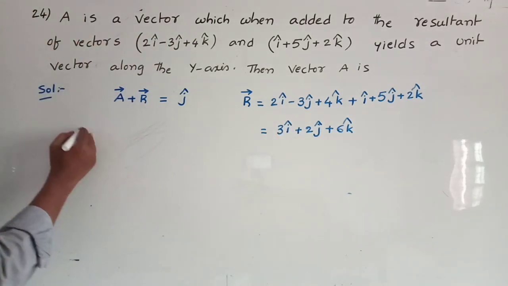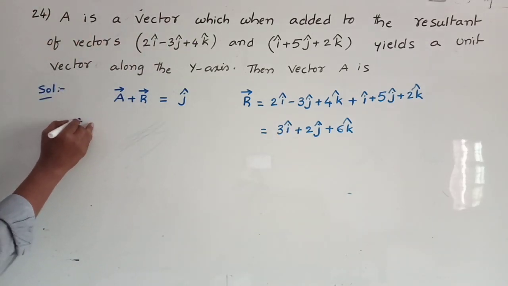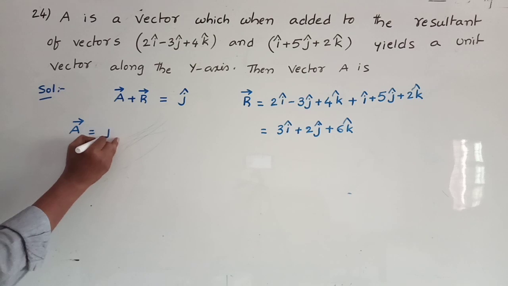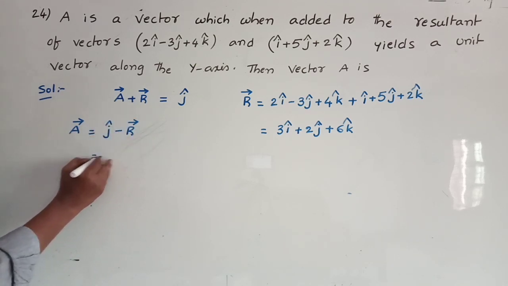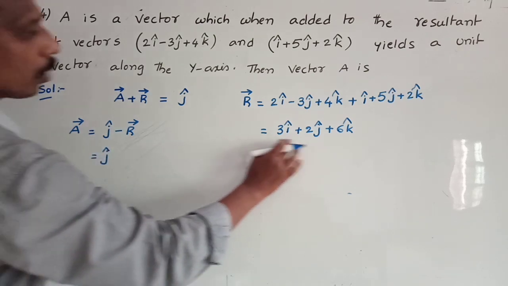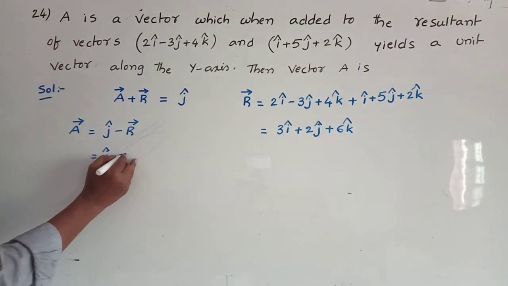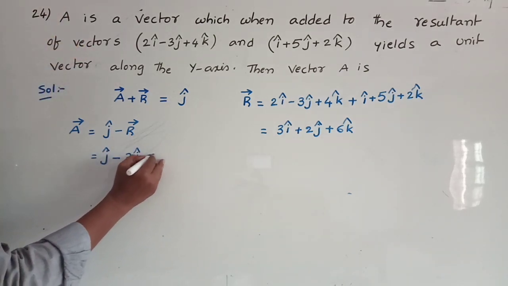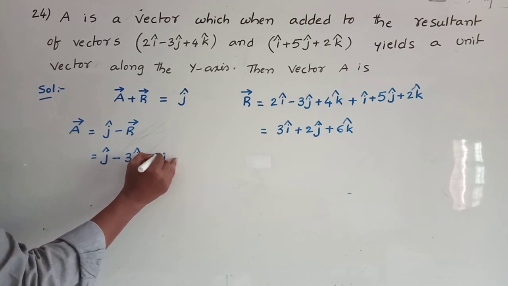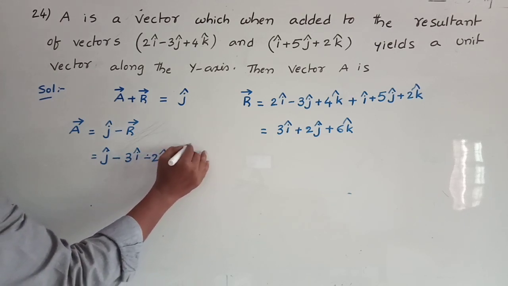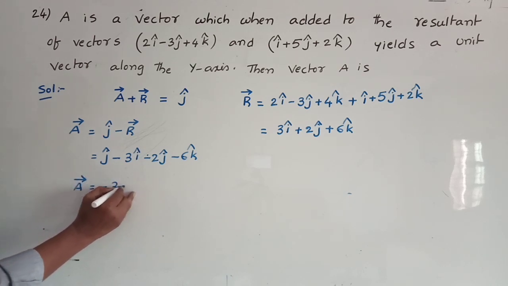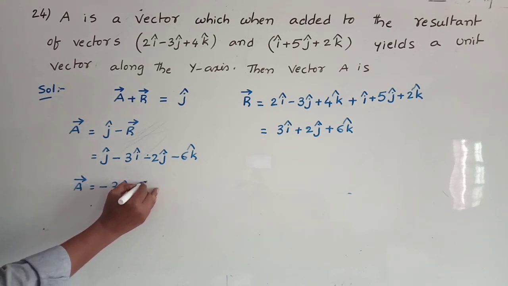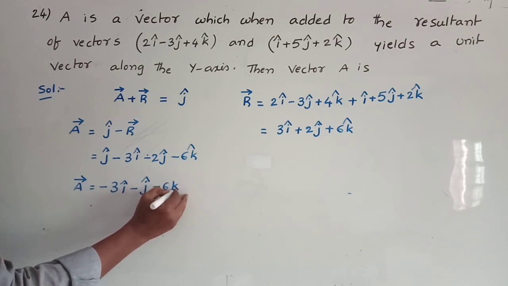So R value substitute here. From this, A bar is equal to j cap minus R bar. So j cap, this vector multiplied with minus, then we get minus 3i cap minus 2j cap minus 6k cap. Finally, we get A bar is equal to minus 3i cap minus j cap minus 6k cap.